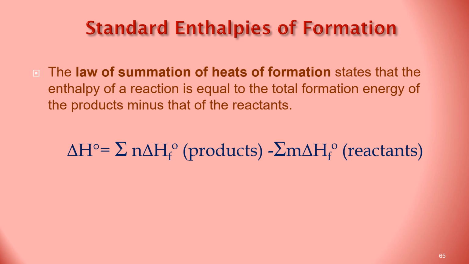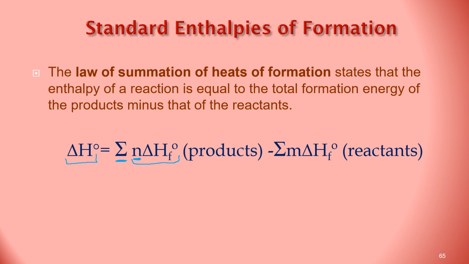So here's the equation. This is called the law of summation of heats of formation. This says that I can find the delta H for any reaction if I take the sum. This is the symbol for sum. I sum up all the delta H of formations for all the products. The little n is the coefficient.